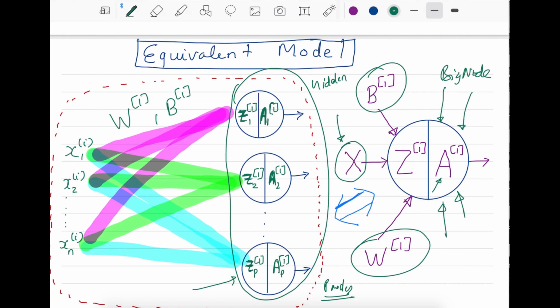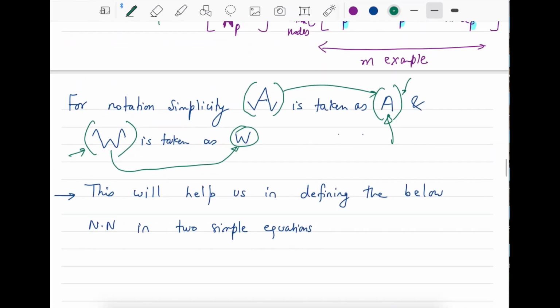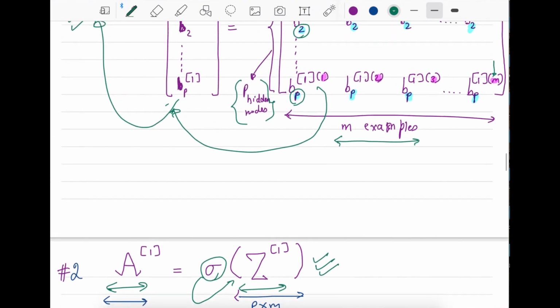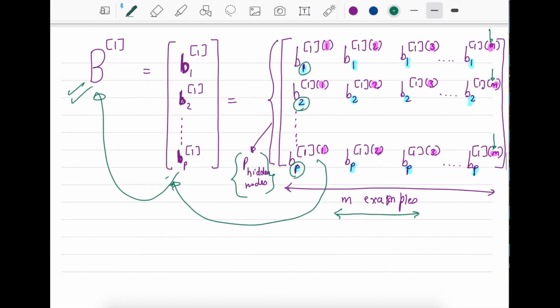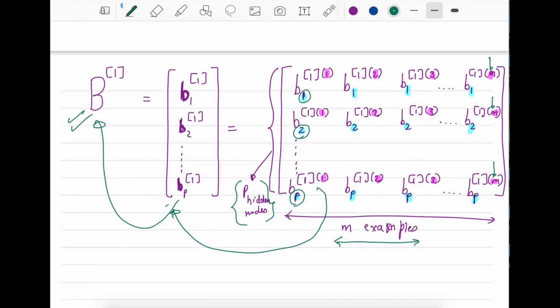Sir, in the dimension of the bias matrix, it is P cross M. So are we taking a different bias for every example, or would all the columns be the same? See, the thing is, we will replicate it actually. This one will be replicated the same.